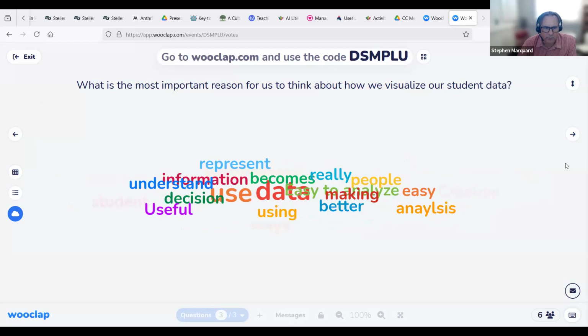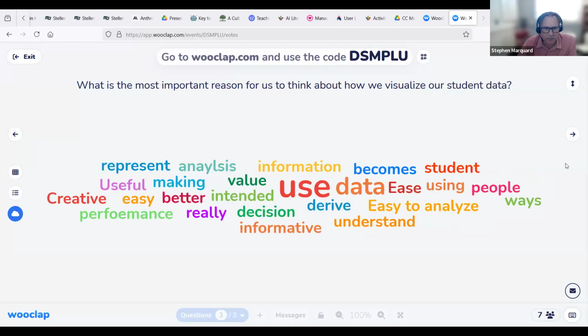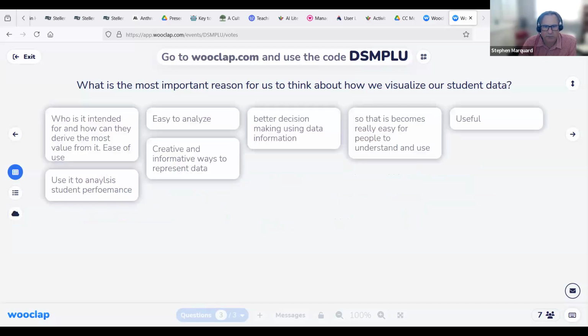Data that's useful, informative, common theme, easy to understand, very important. Okay, I'm just going to change the format of that.